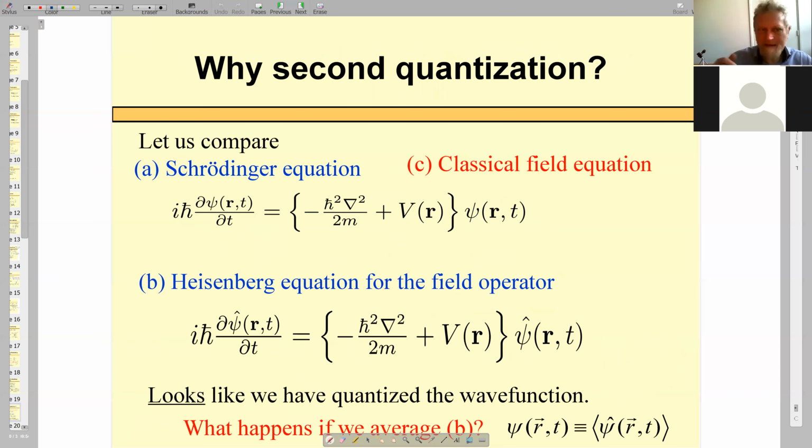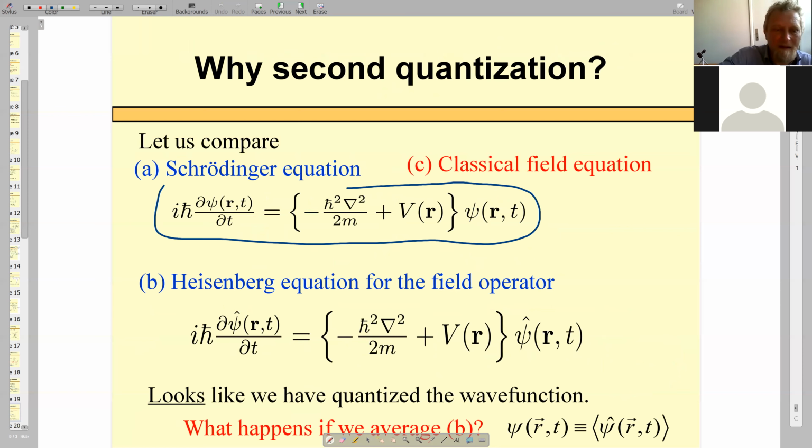Right? Let us write these two equations again next to each other. This is a Schrödinger equation for a wave function. If we consider the same Hamiltonian but just put some particles in it, we can describe the situation with field operators.